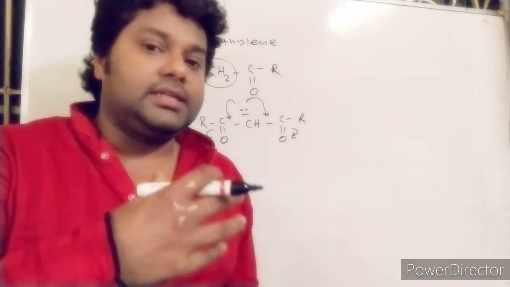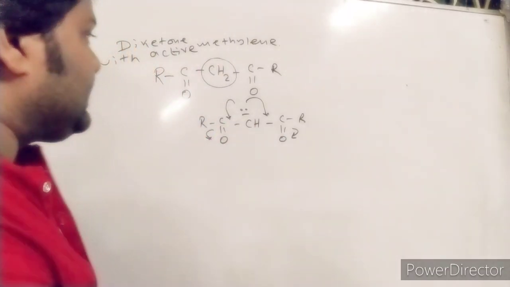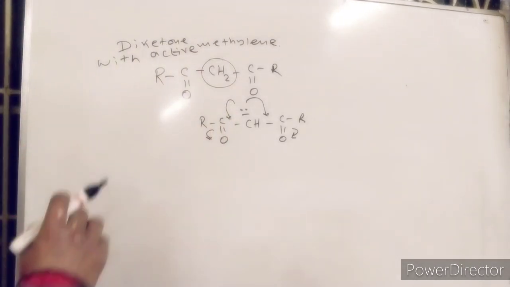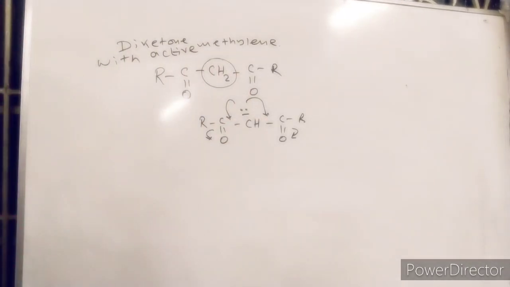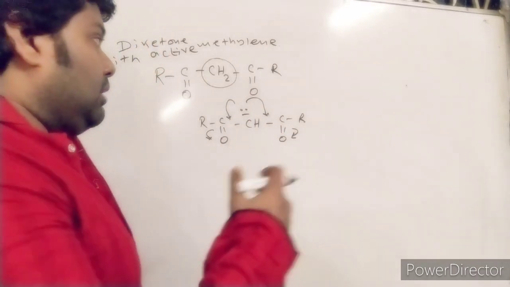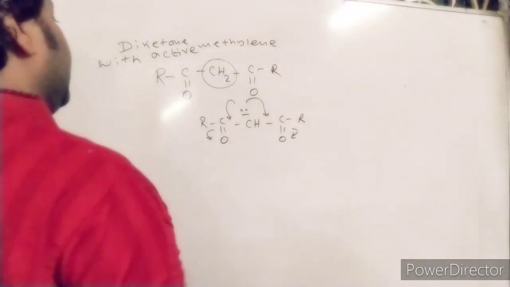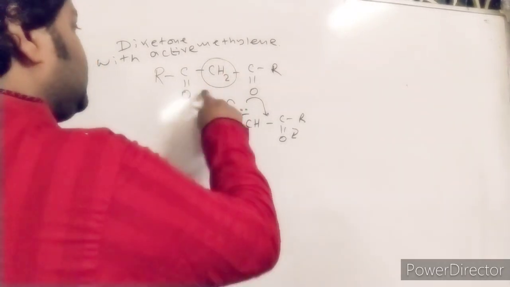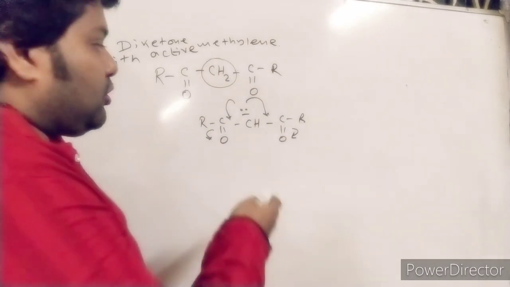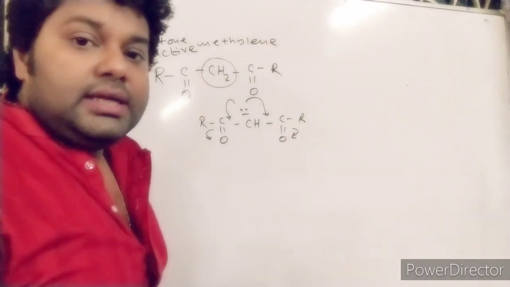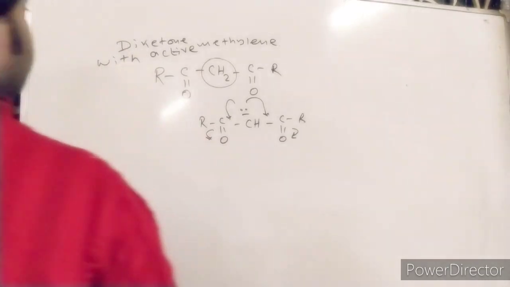So this becomes an active group, and that's why we call it an active methylene group. So first of all, I have introduced what an active methylene group is and how you select it. Now the point is, these two hydrogens present on the CH2 group between the two CO groups are replaceable, because once you remove that H plus, the carbanion you get is well stabilized. So let us start with this.